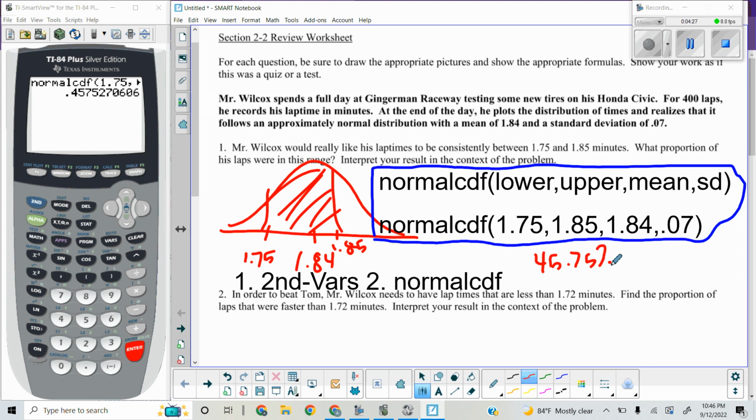It might be off by a decimal or two, but it should be pretty close. So that is how we use our calculator.